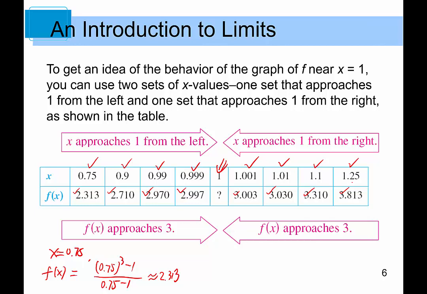As you can see, the numbers on the left-hand side of x equals 1 are getting closer to 3. From the right-hand side, as you can see, the numbers also approach 3. So, safely speaking, we can say that at x equals 1, the limit will approach 3.